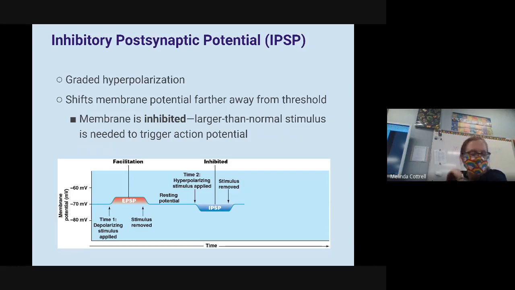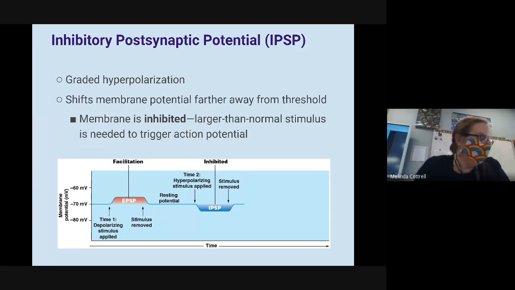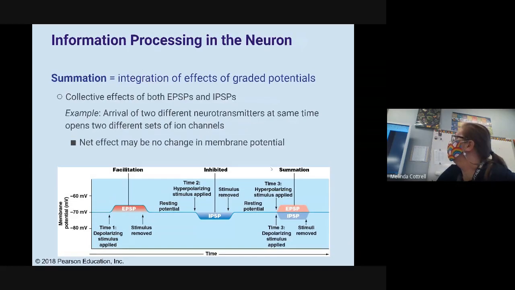So we're talking about postsynaptically two types of potentials that help process information and relay information in a neuron. All right, so then we talk about summation, which is looking at both together.